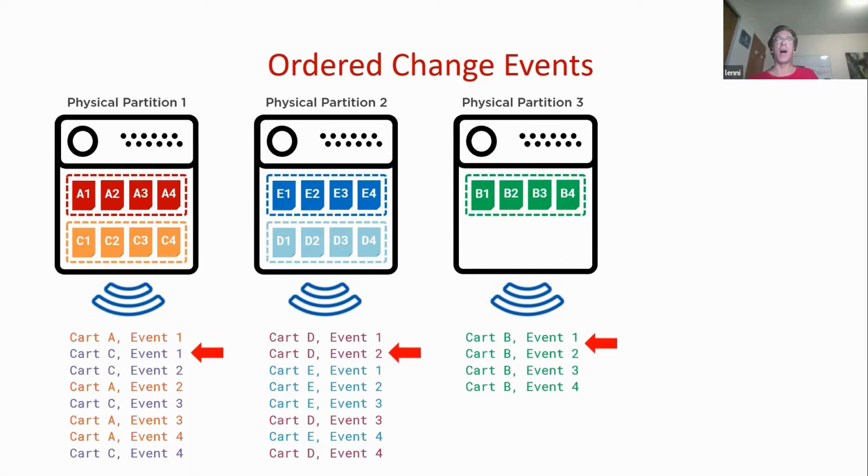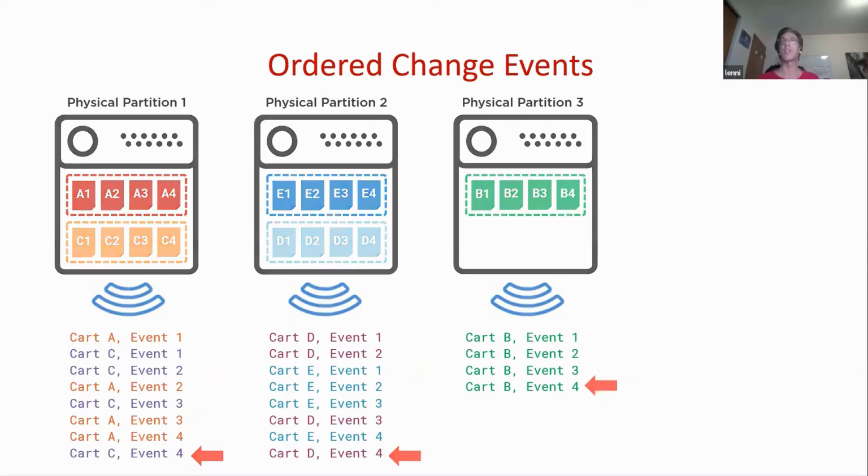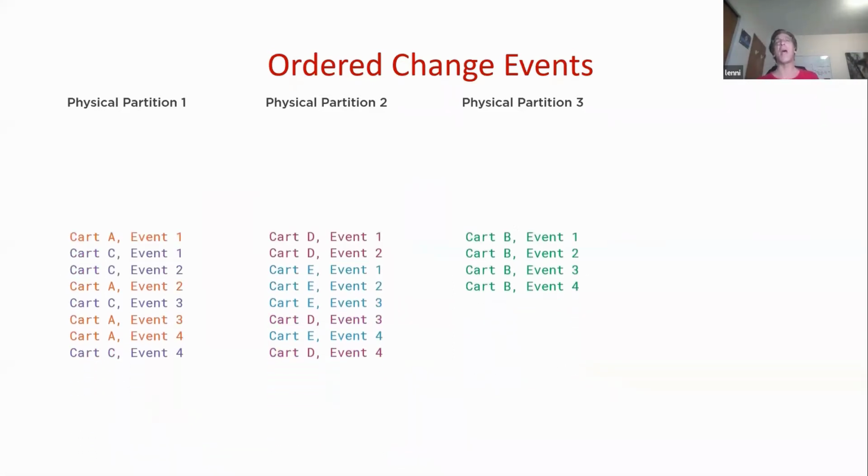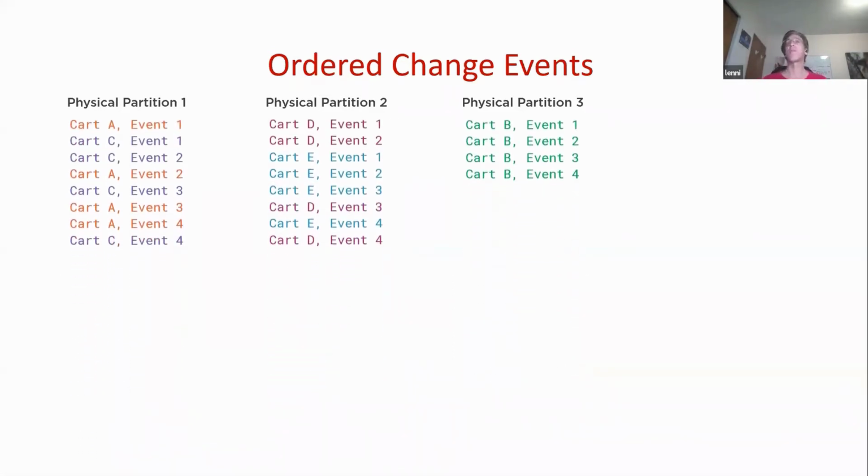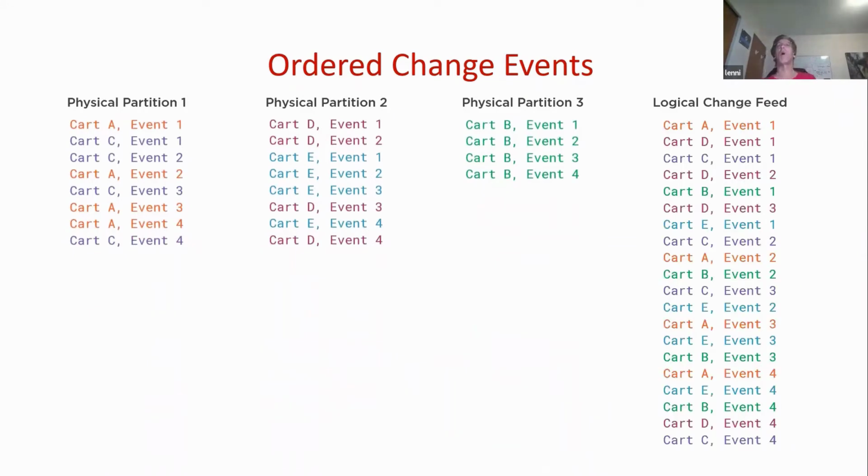So again, if you just follow the events on each individual partition, you'll see that they are in sequence within a logical partition. But of course, we don't have to concern ourselves with the physical partitions. We are going to look at one logical change feed, because the change feed processor library is going to handle the work of parallelizing the consumption of the change feed data from each physical partition and hand you one logical change feed.